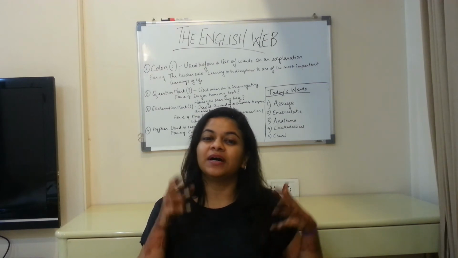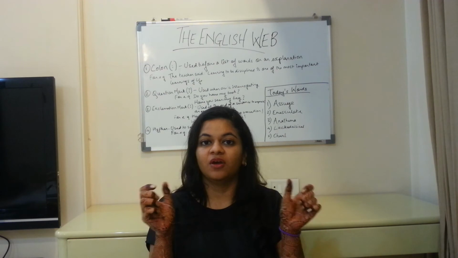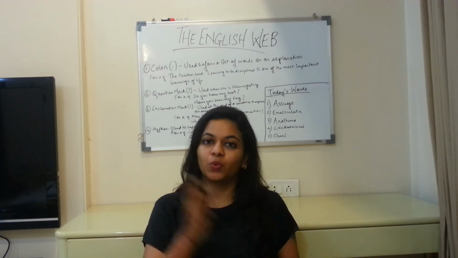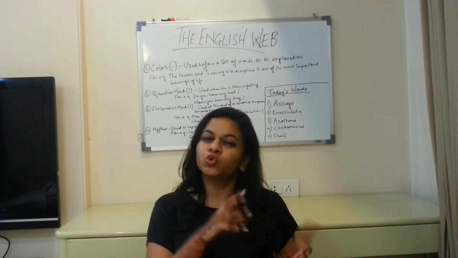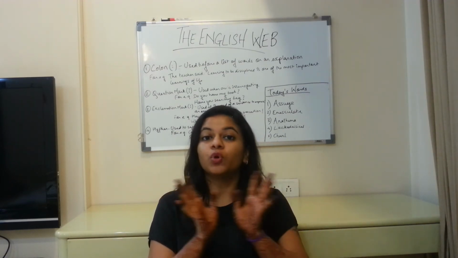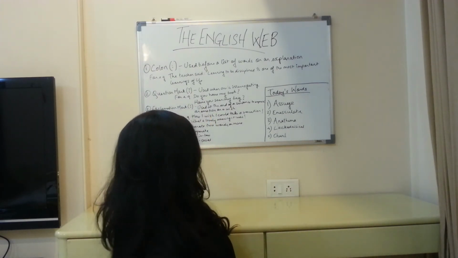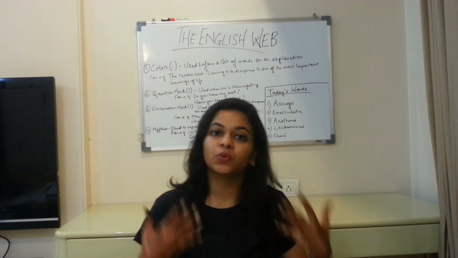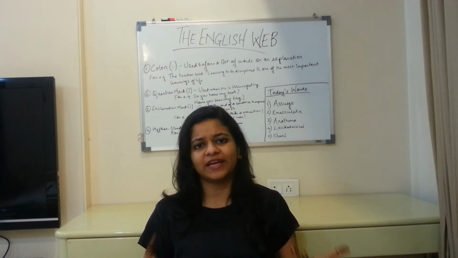So always remember, there is no space on either side when you use a hyphen, whereas when you use a dash there is space on both sides. So once again, a hyphen is used to separate two words that are linked to avoid confusion or ambiguity. For example, co-operate, son-in-law, anti-social. These are the words wherein you use a hyphen to avoid confusion, like I said earlier.